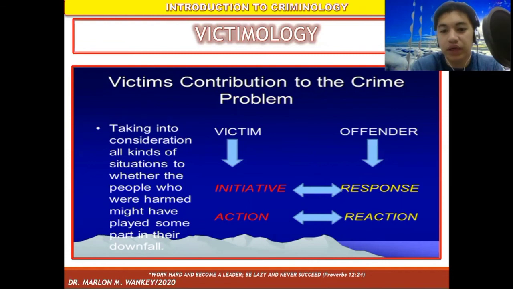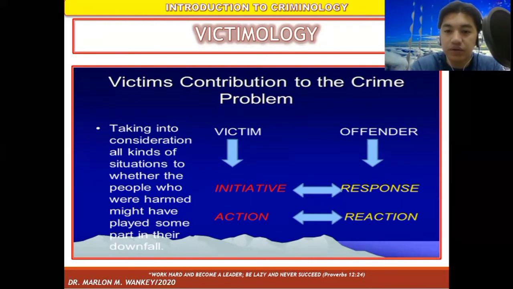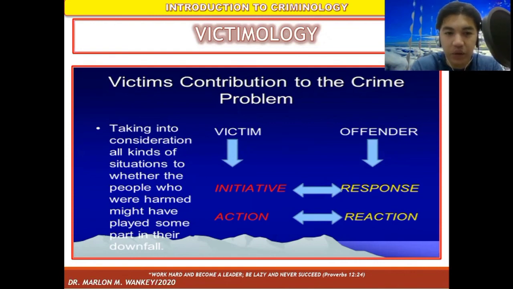So there will be a response from the offender. Sometimes also the victim made the action. Of course, there is a reaction from the offender. So not all the time that when the victim was injured, he is truly the victim.